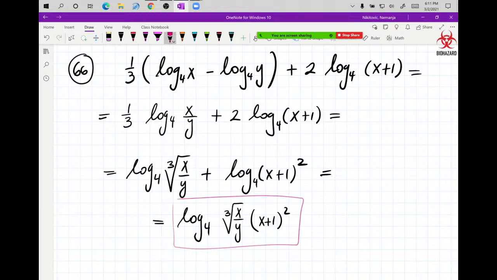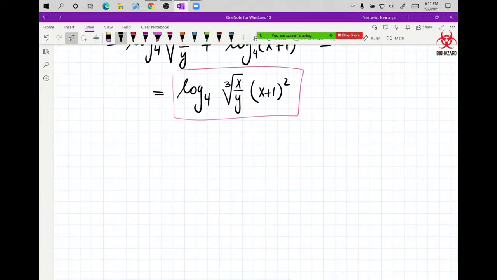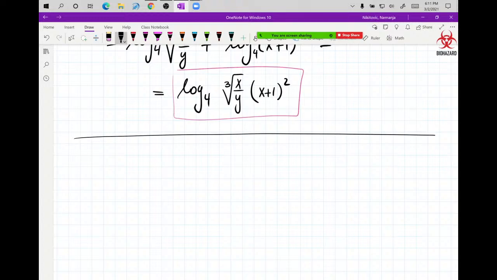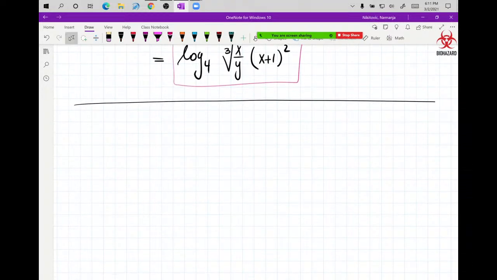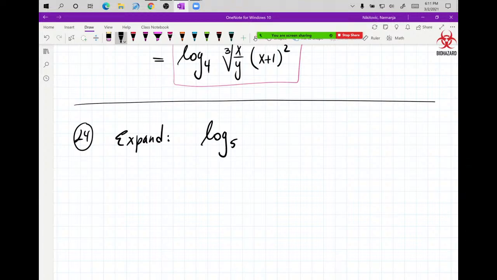Now, there are also, later on for calculus, what's important, and you will have this also on your homework. For calculus, you will have to be able to break logs apart. So let's say problem 24, right? Expand. And they give you a single log base 5 of square root of x divided by 25.